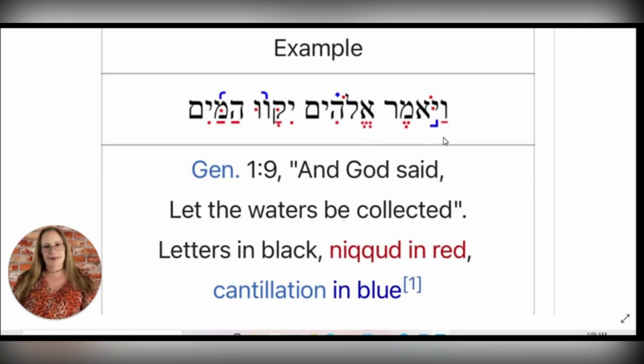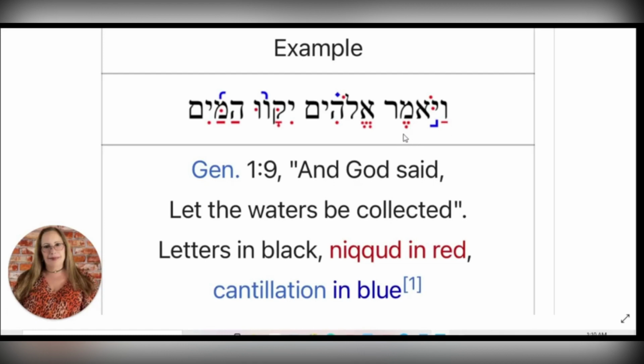For instance, when we spoke a few weeks ago, I pointed this out. This little horizontal line gives it the ah sound.